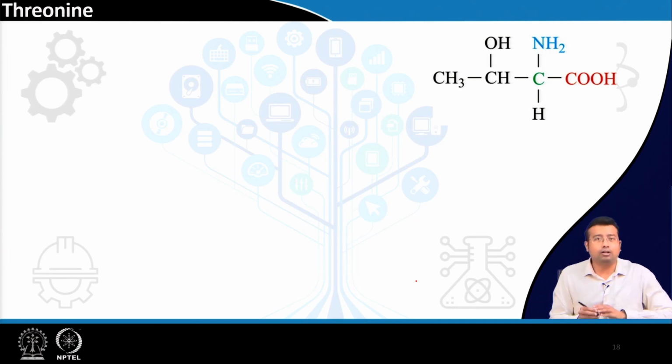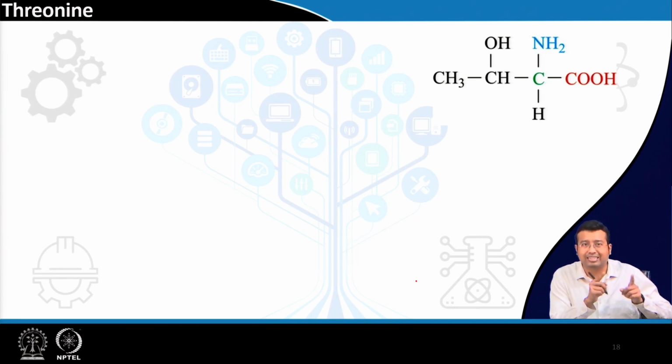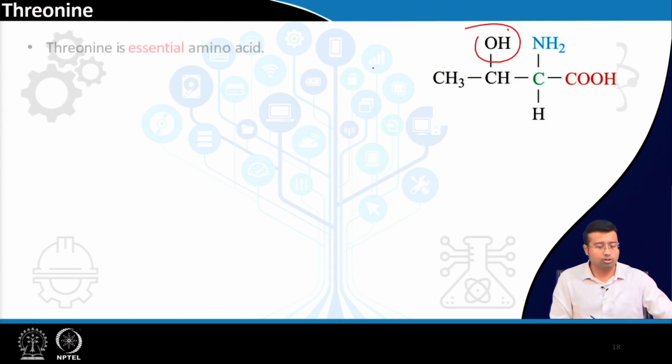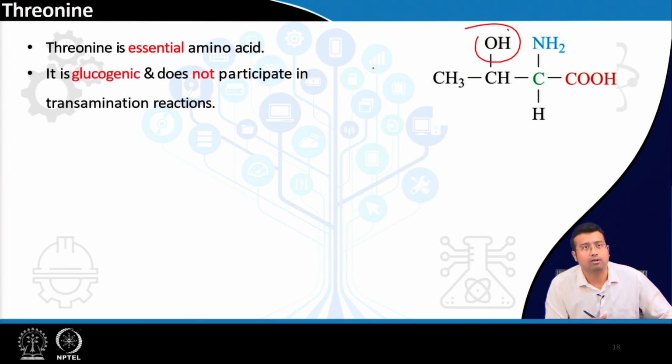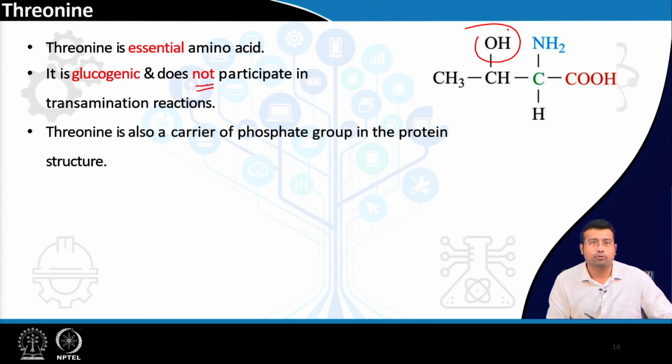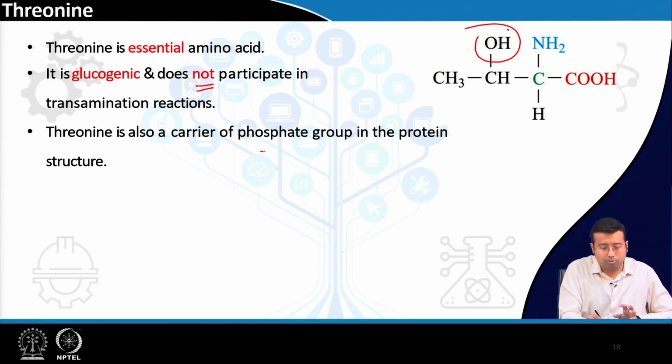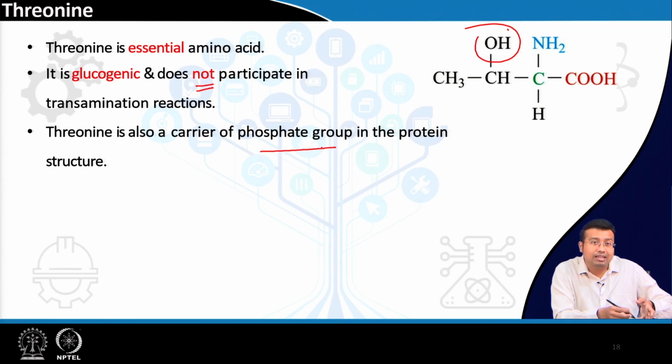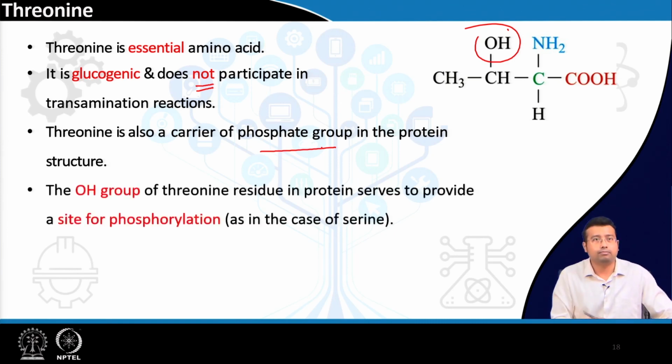Now, this is the structure of threonine. You already noticed the structure of serine. There was an OH group. In threonine also there is an OH group. Threonine is an essential amino acid, alright. It is glucogenic, right, but it does not participate in transamination. Very important MCQ question. Threonine is also a carrier of a phosphate group in protein structure. We just discussed this same thing in the earlier slide.